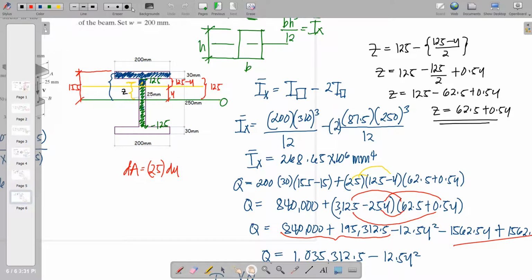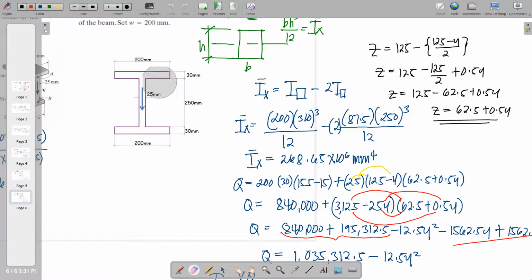See, the neutral axis still exists at the mid height of this section. So this time my y will extend on the web.